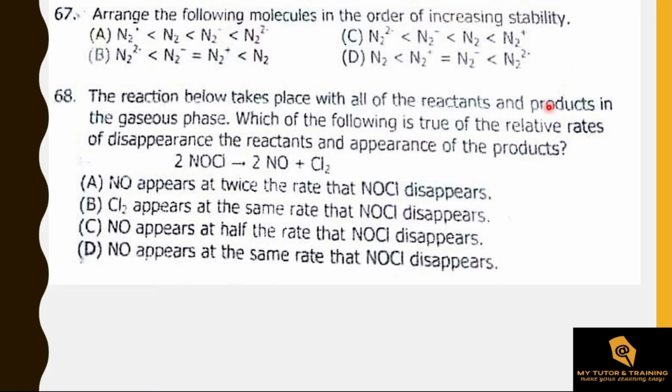C. NO appears at half the rate that NOCl disappears. Yes. So for question number 68, come to choice D. NO appears at the same rate as that of NOCl disappears.